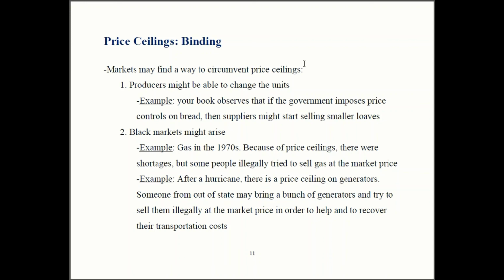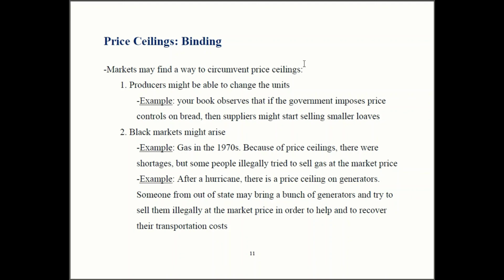So one way to get around a price ceiling would be to simply change the units. Your book gave a simple example of that. Let's say a government decides to regulate the price of bread. They might say, you can't charge more than $2 for a loaf of bread. Well, that price control would probably end up doing absolutely nothing.